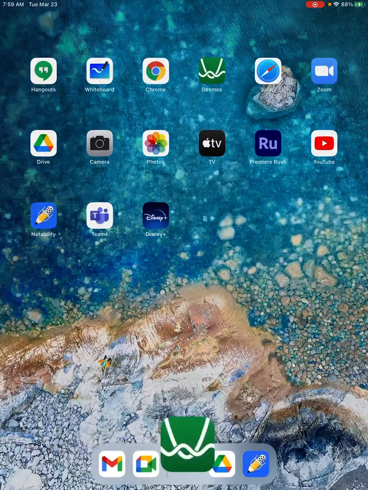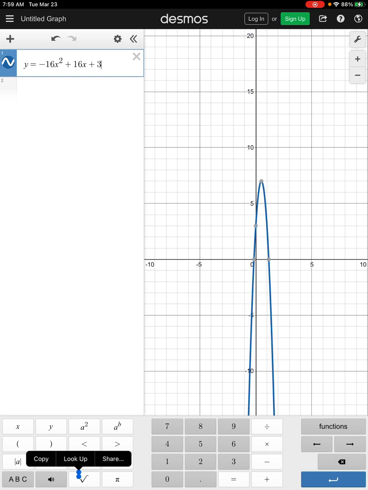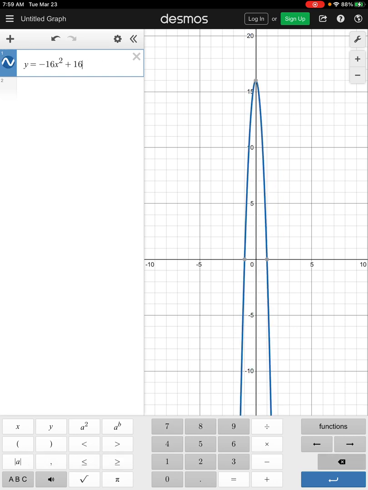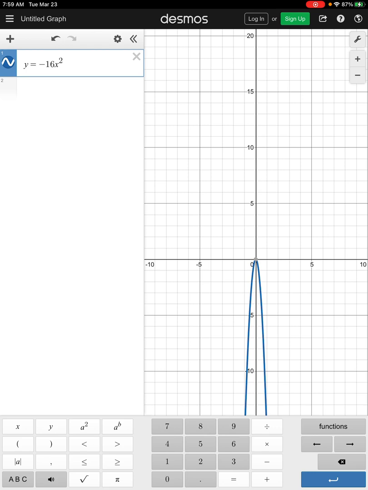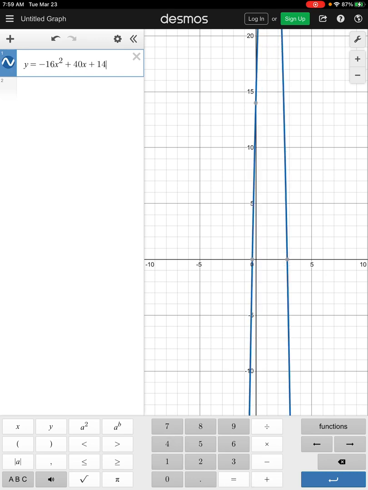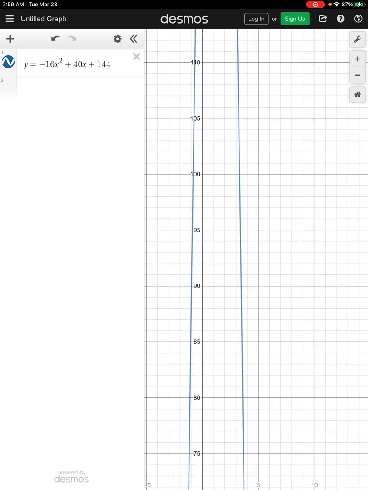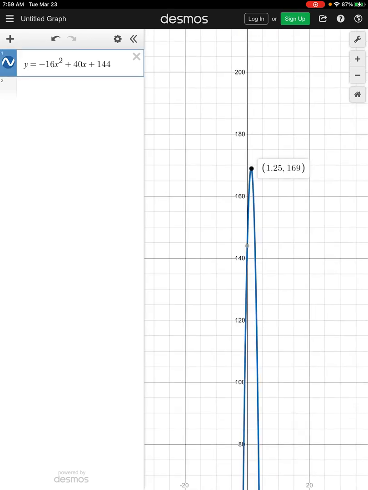So first, let's graph this function. y equals negative 16t squared plus 40x, I use x instead of t, plus 144. Let's find our vertex. Do what you need to do there.